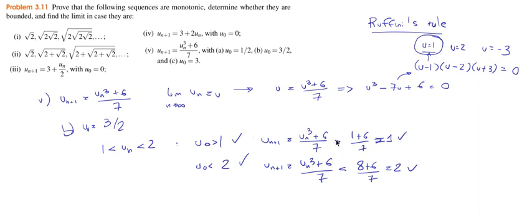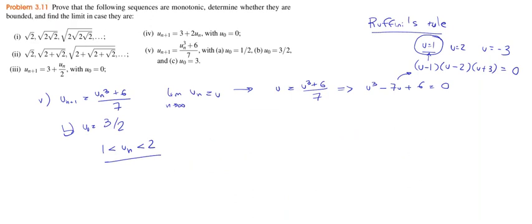Sometimes I write fast, but you should read it like this: u sub n plus 1 is greater than 1. And here too, u sub n plus 1 is smaller than 2. So we have proven that the sequence is bounded between 1 and 2 for all n.